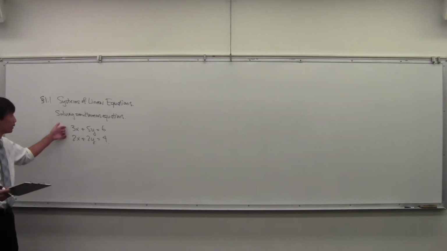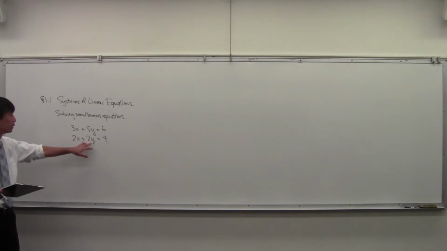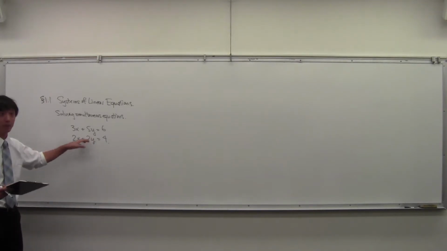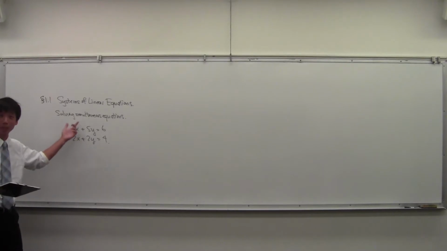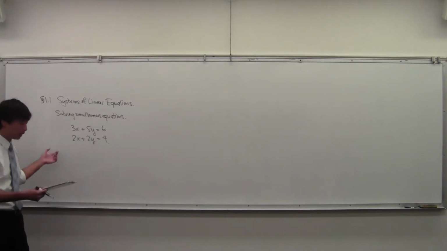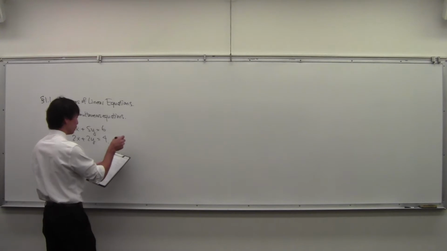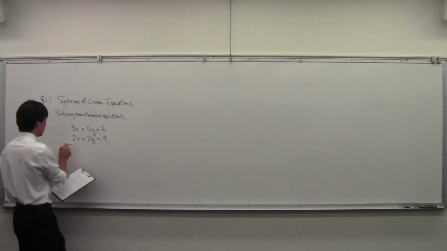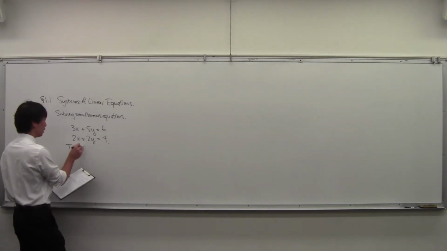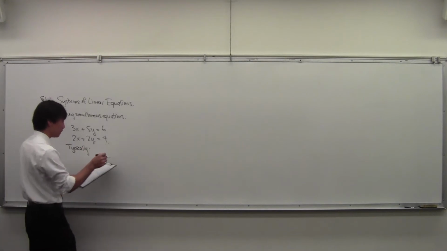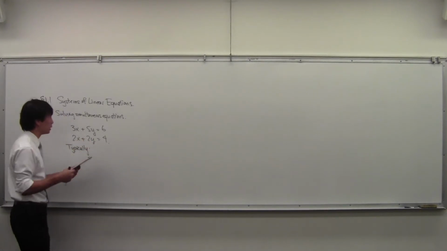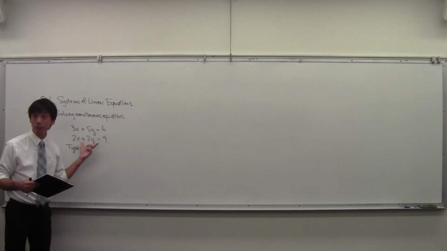And how do you solve something like this? Well, of course, one way is you can solve for y in one of the equations, and then plug it into the other. That's what you did. So typically what you do is you say, okay, I have to satisfy both of these equations.